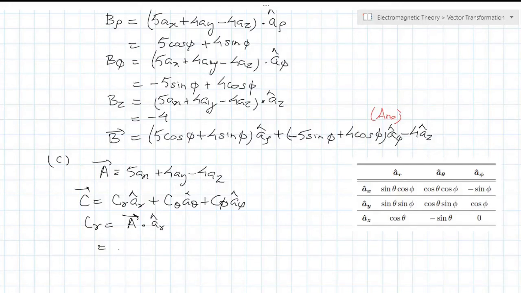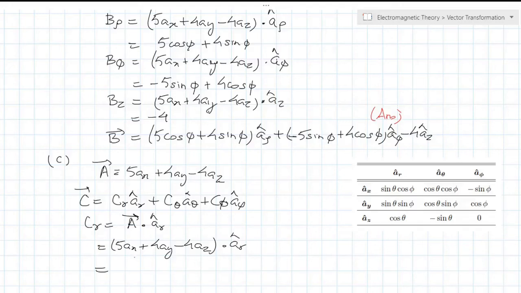So it will be 5ax plus 4ay minus 4az dot multiplied with AR. Now this is where we have to look at the table and be very sure that we are writing things correctly, because this table is a little bigger and it's difficult to remember by heart, but with practice you will remember, I hope.